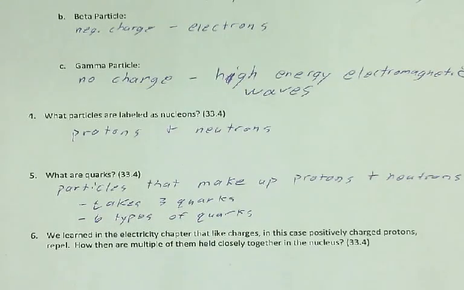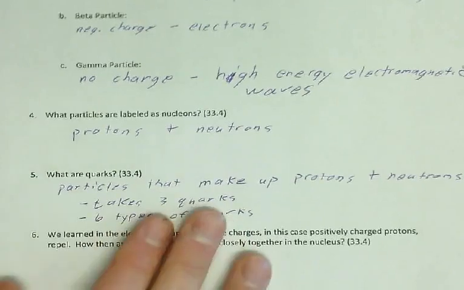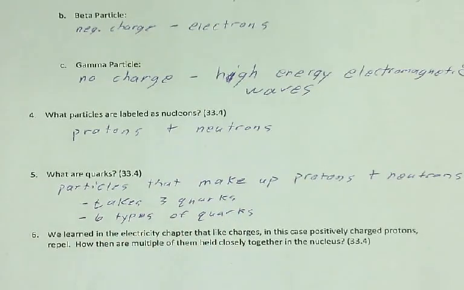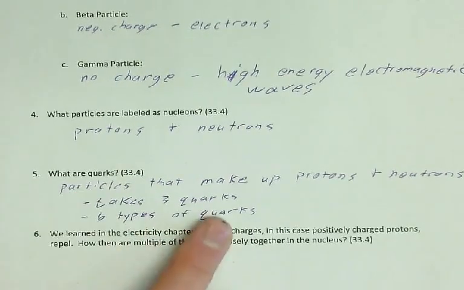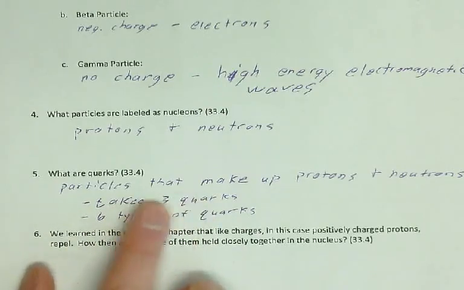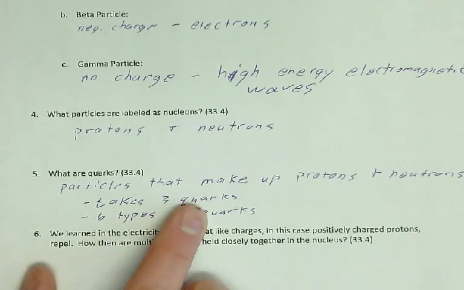So spin, charge, mass, depending on which quark you have determines what it is. You combine three of them together and you get a proton or a neutron or whatever from there. I'm not going to make you memorize the types. You should just know that they make up protons and neutrons. They're small, and it takes three of them to do it.